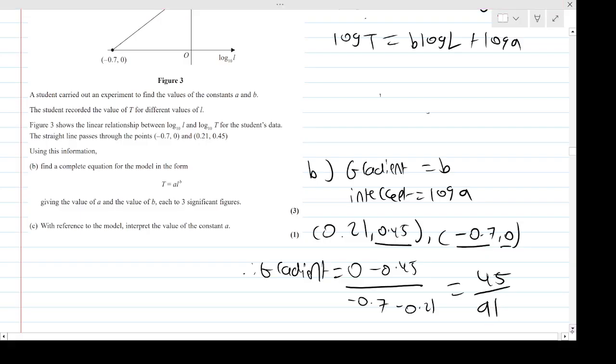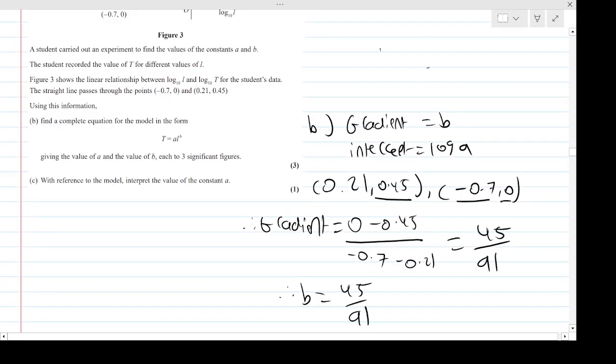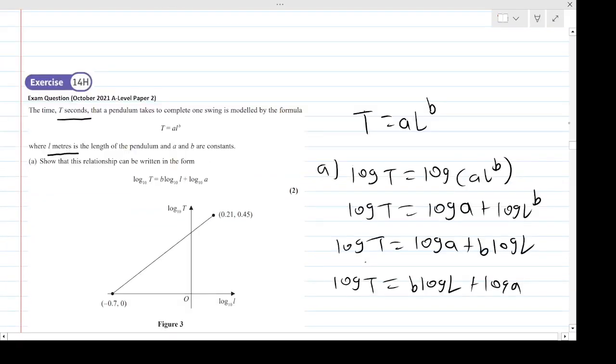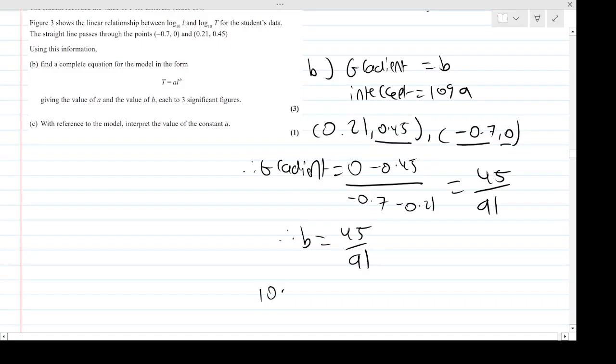And so that's B. Therefore B is equal to the gradient, which is 45 over 91. So I can substitute B in here. Then log t is 45 over 91 log L, add log A.